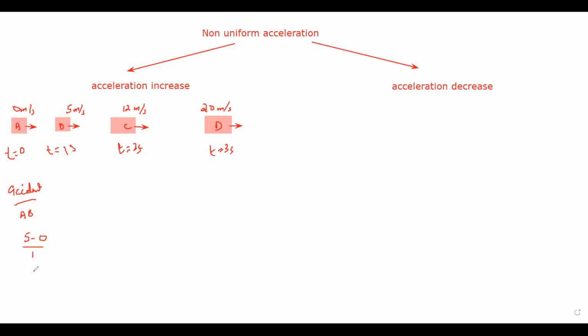So the acceleration from A to B is 5 meters per second squared.